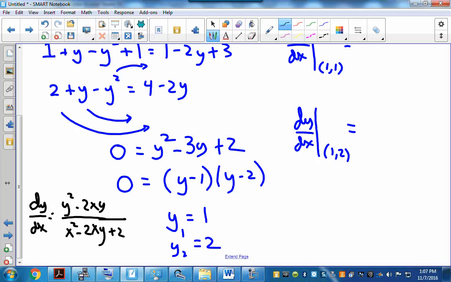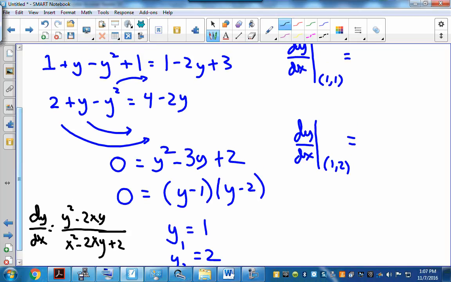Okay, so let's go ahead and plug in (1, 1) first. x and y are both 1, so we get 1 minus 2 over, x is 1, y is 1, 1 take away 2 is negative 1, plus 1 is 1, so negative 1 over 1. That's the slope at that location.